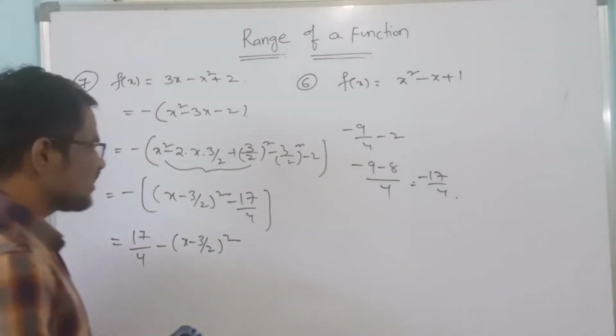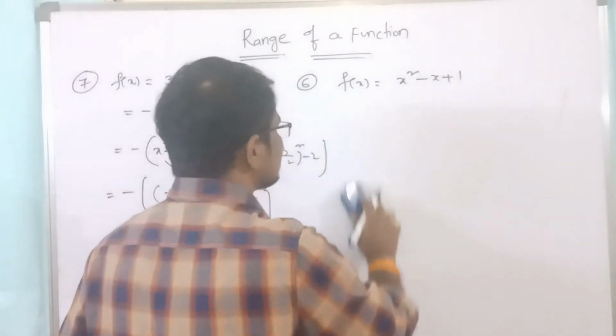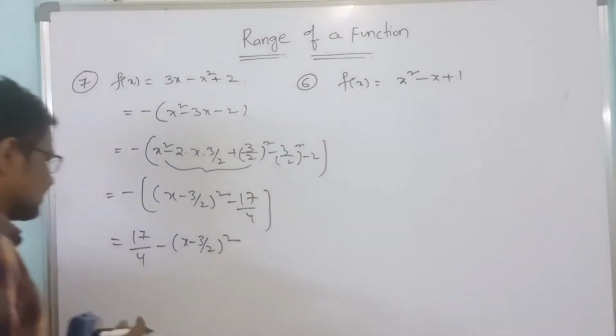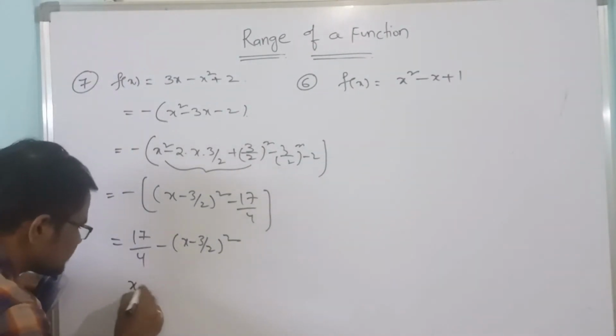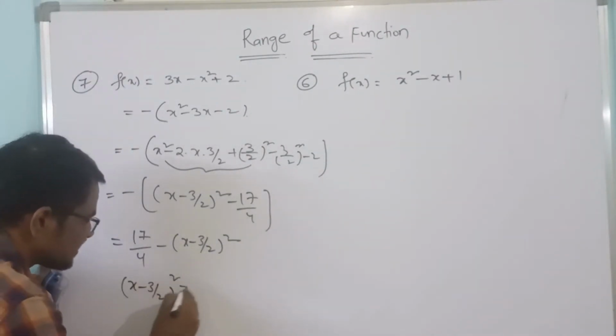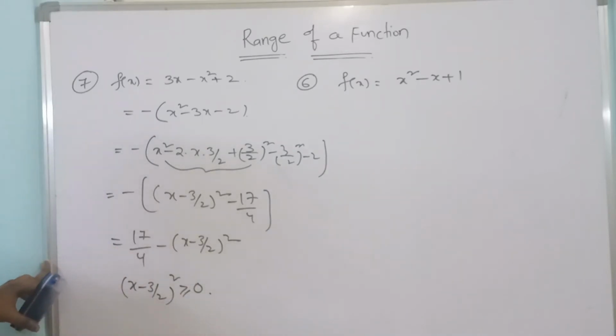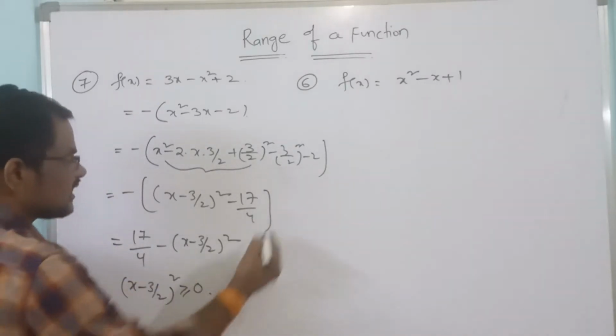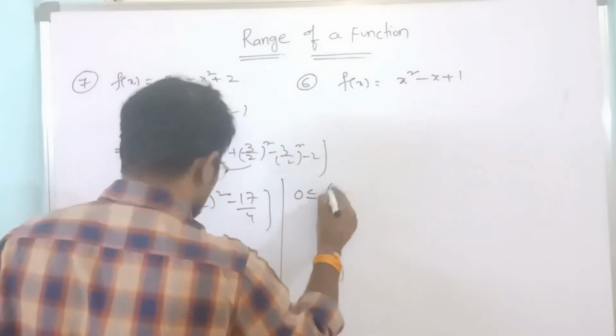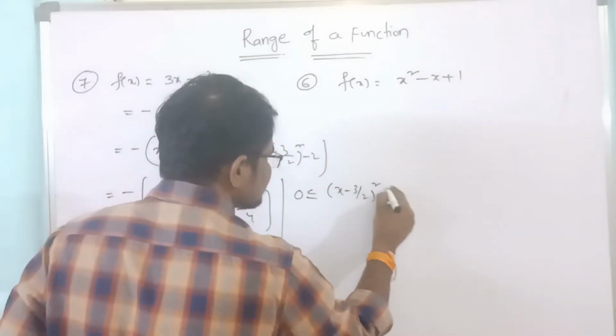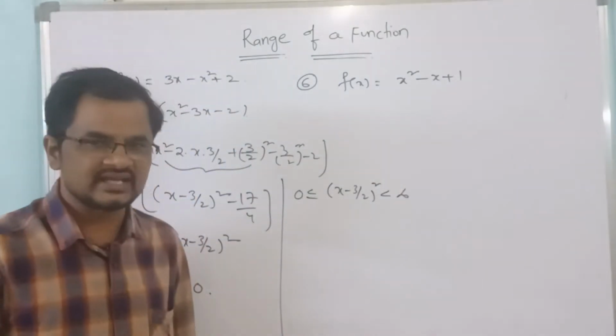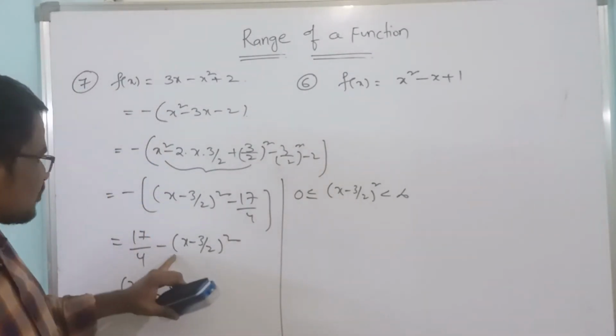Now here also we have to follow the same procedure as the previous problem. That is, we know that x minus 3 by 2 whole square is always greater than or equal to 0. So that means 0 less than or equal to x minus 3 by 2 whole square less than infinity, right? Now multiply with minus.